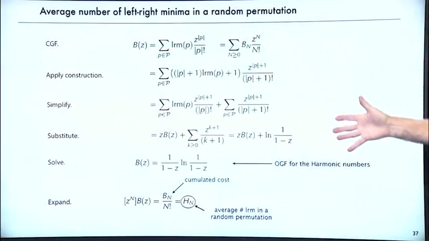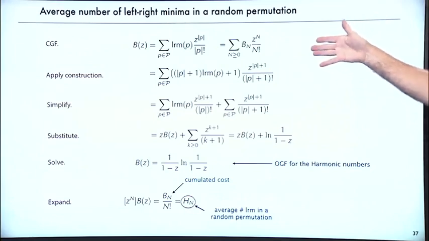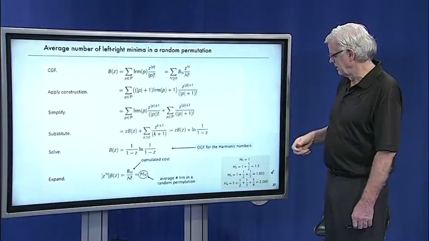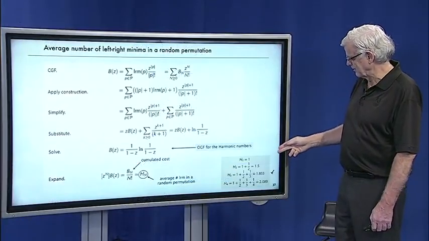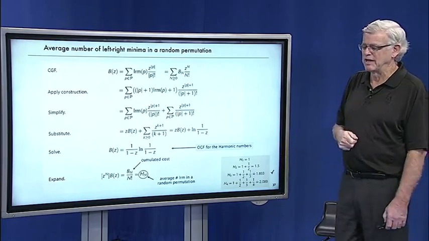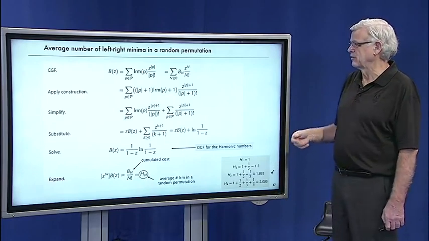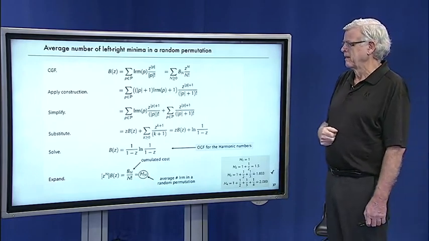A direct derivation of the average number of left-right minima using combinatorial construction. And it's a good idea to check those against the actual values that we observed at the beginning, and sure enough, those were the harmonic numbers.